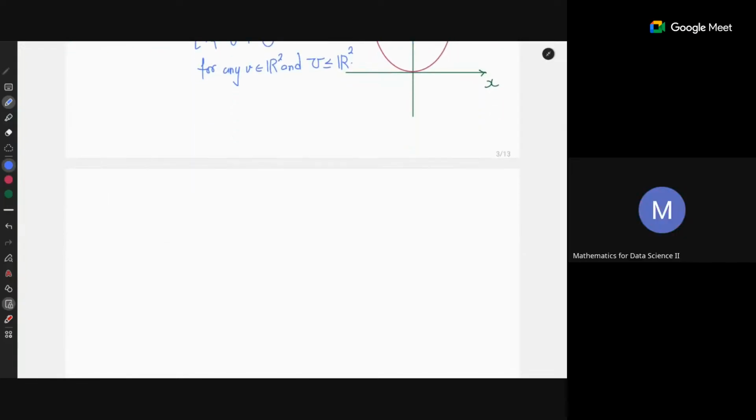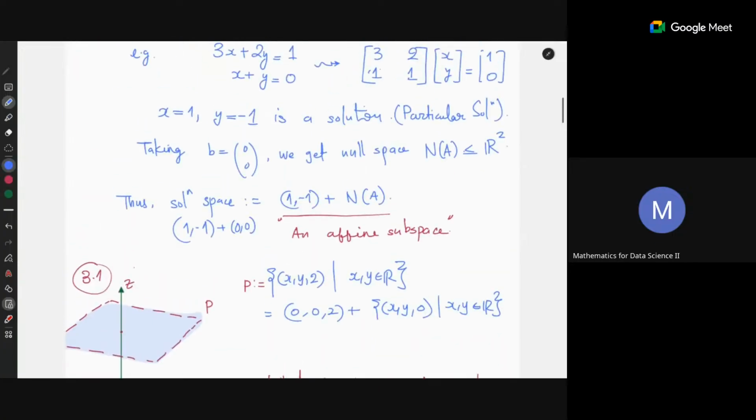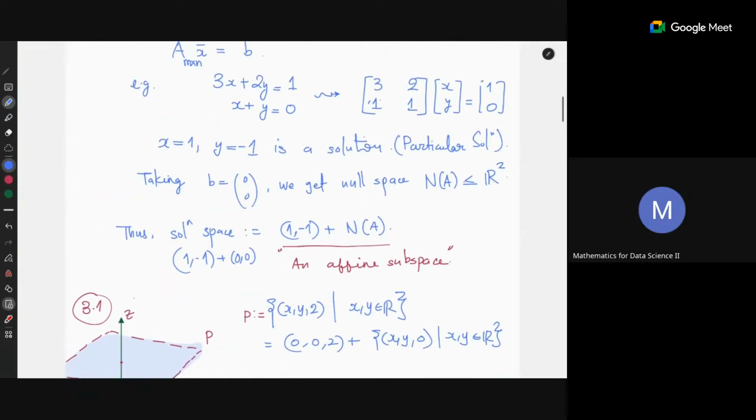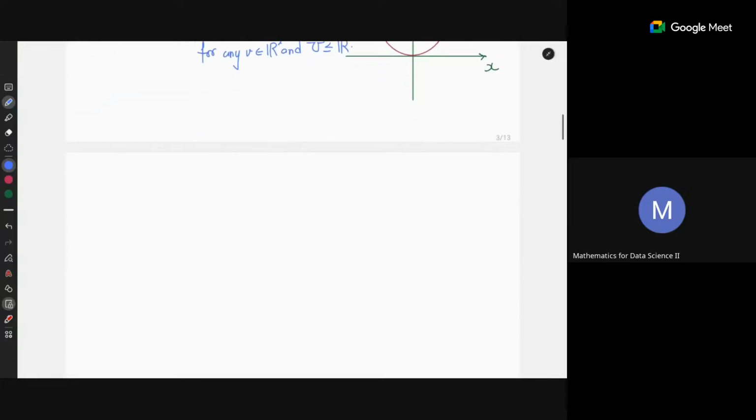All right. So what I'm saying is that having a particular solution and a null space will give you the whole solution space. Why do I say that? Because suppose you have a particular solution of a system of equations.